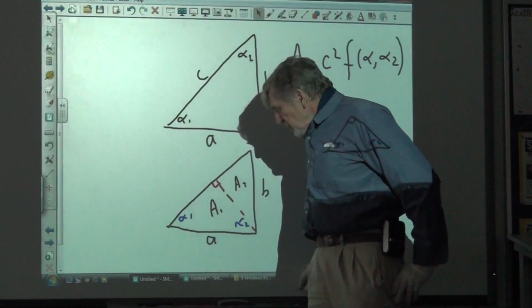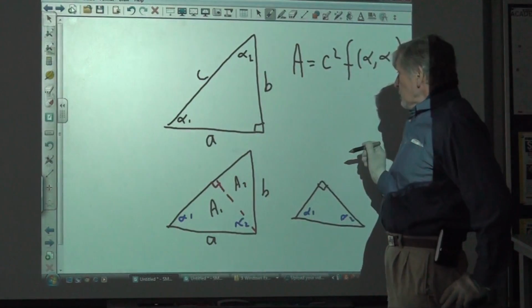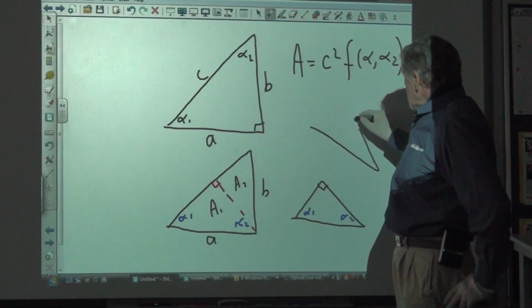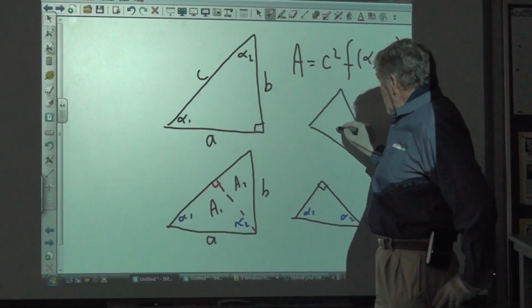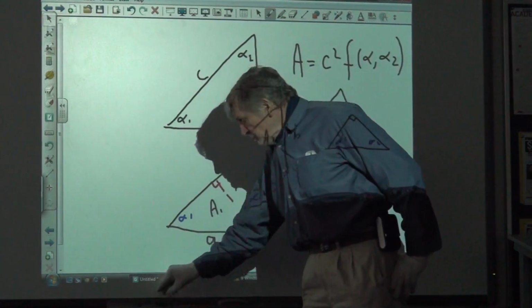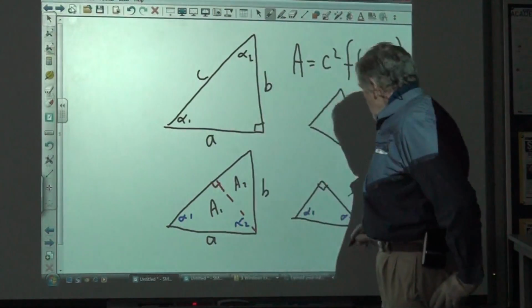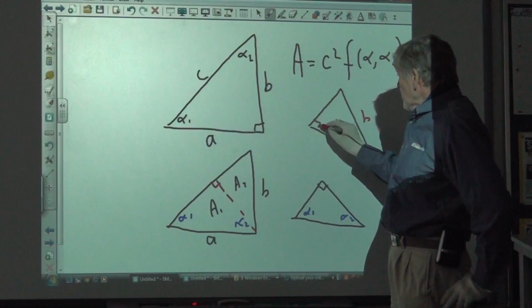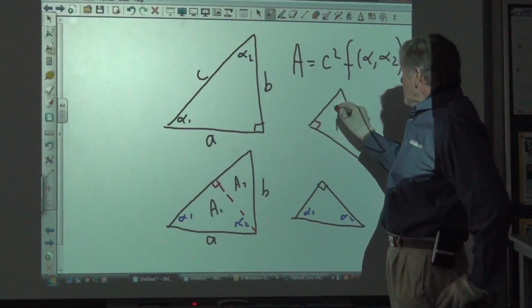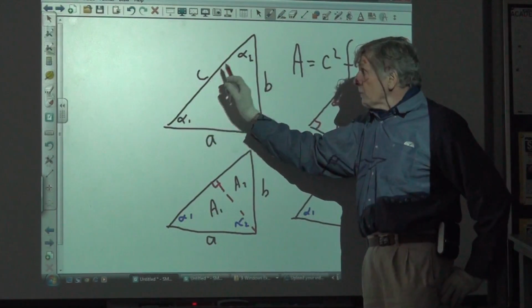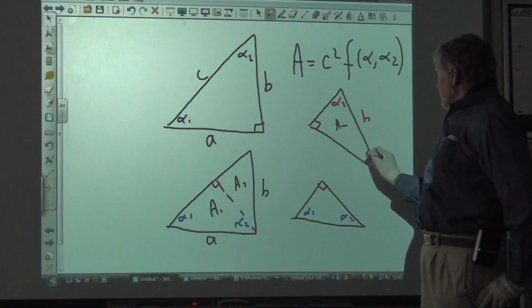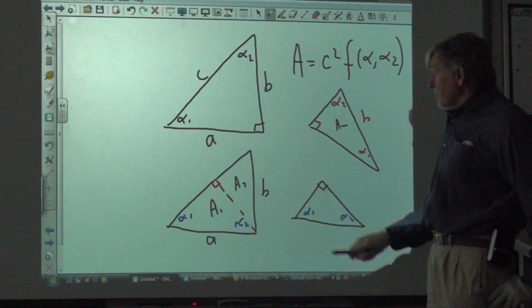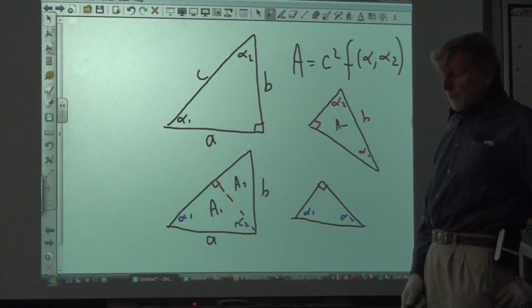Quite analogously, the other inner triangle, A2, has a side b, a right angle, and this is the angle alpha 2. This angle is the complement of alpha 2. This angle, therefore, is also alpha 1. So these three triangles on the board are similar.